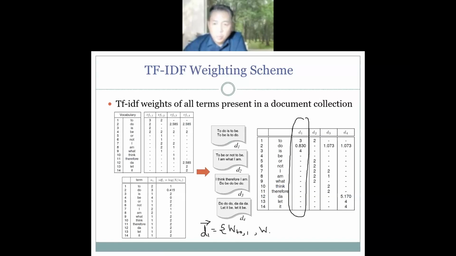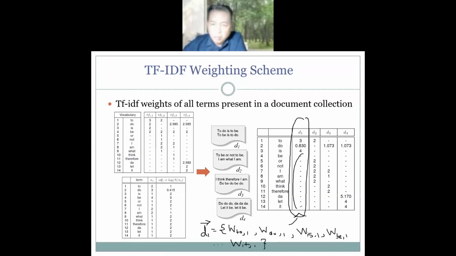Okay, and then the weightage of do in 1, and then the weightage of is dalam document 1, and then the weightage of B in document 1. So we will continue until sampai habis ini tu. So we will continue until the weightage of it dalam 1. Okay.